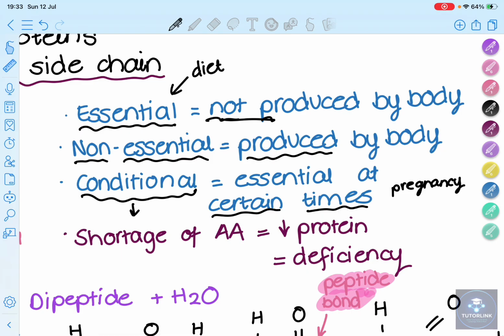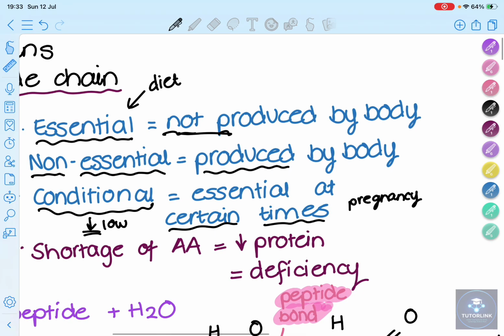So to recap, conditional amino acids are produced by the body but in low amounts. Then during certain times, for example, pregnancy, we need more of them, so they become essential. So that means that we need to take them in our diet.